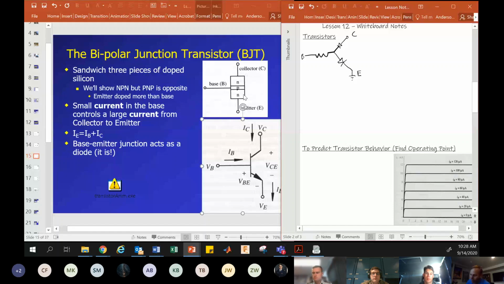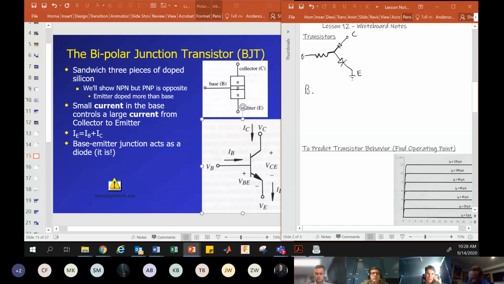They're not exactly doped the same way, but for our purposes, we're just going to treat them all as the same. And with this arrangement, we're able to control a large current from the collector to the emitter by controlling the current at the base.